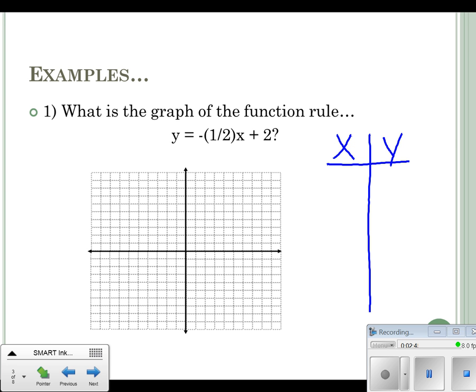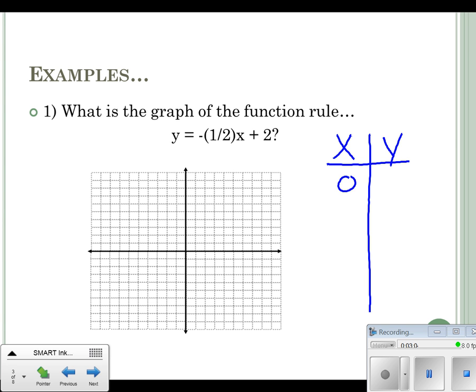It's always good to put in at least 4 values into x. Because I'm not dealing with a word problem here, I want to put positive and negative. A lot of times in some of the word problems we'll be doing throughout the year, you'll notice negative numbers don't make sense in the problem, but in a problem like this, you definitely want to put negative numbers in.